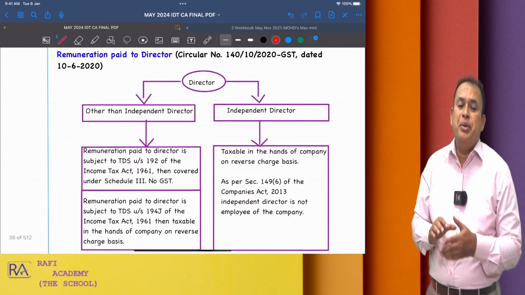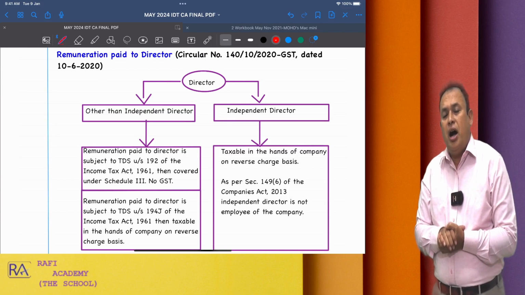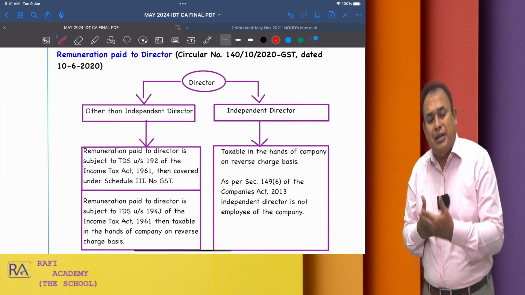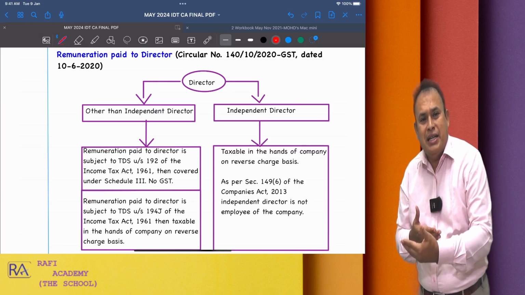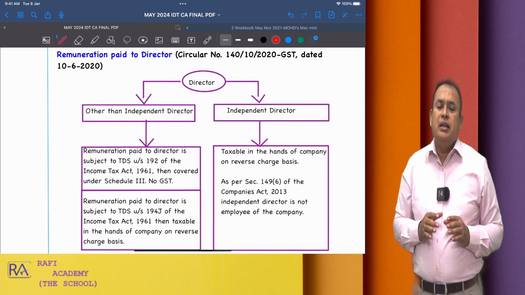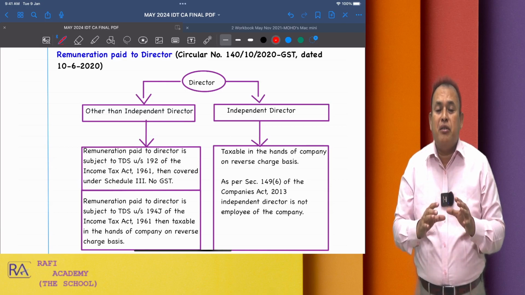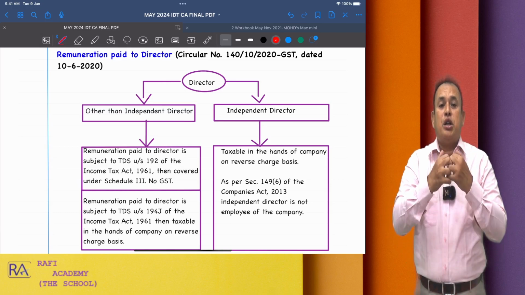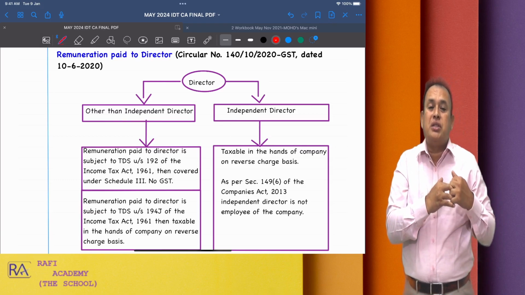the circular issued by CBIC states that directors of the company, there may be a whole-time director, managing director, part-time director, nominee director, independent director, woman director, like that. You, being a director of a company, provide services to the company where you hold the directorship: is it in the course of employment or not?